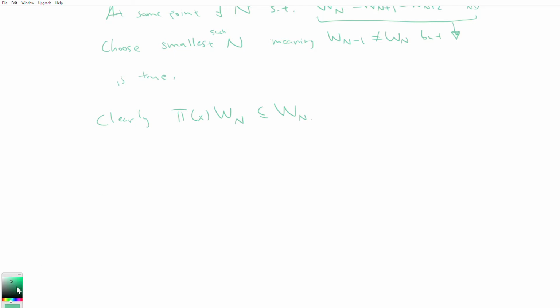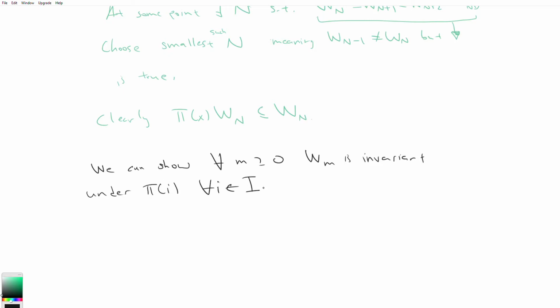So let's switch colors. Let's go back to black. And so we can show, for all m greater than or equal to 0, W_m is invariant under pi of I for all I in the ideal.